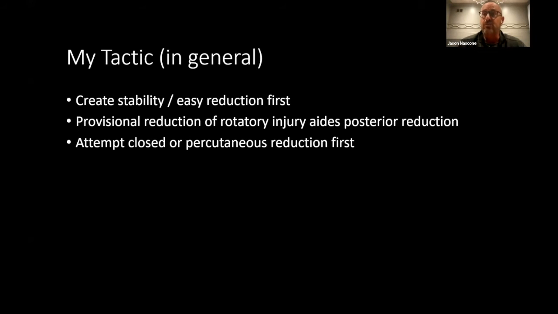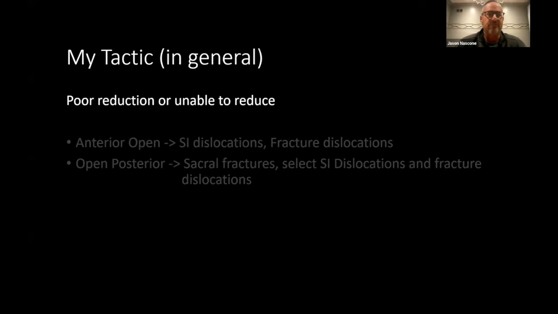So if it's a rotational deformity, I'd like to correct that as best I can to help aid my posterior reduction. And then lastly, I'm usually going to try to attempt a closed or percutaneous reduction first. Now, it may be a pattern that I look at and I know I'm not going to be able to get it, but in a lot of these patterns, you're not really sure. And if you can get it reduced closed and get it fixed closed, that will be my preference.